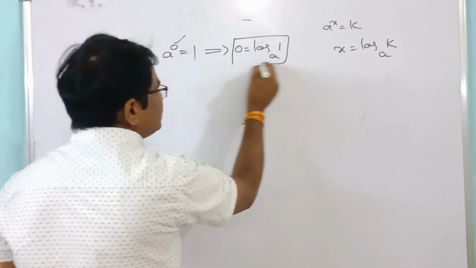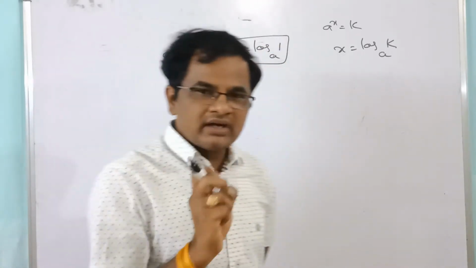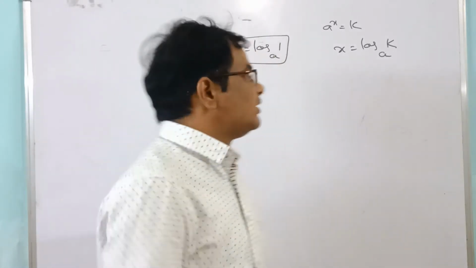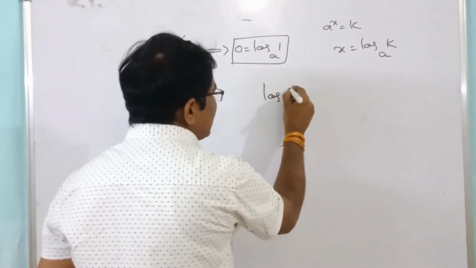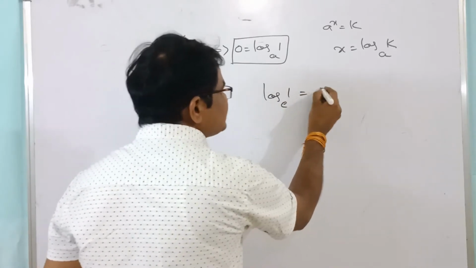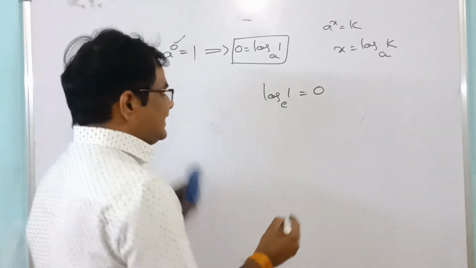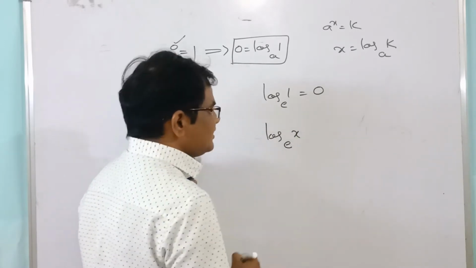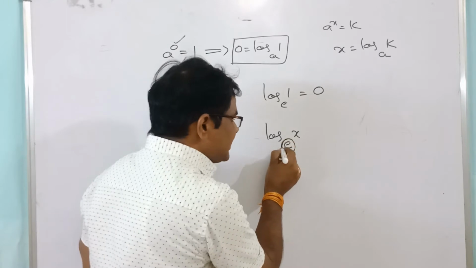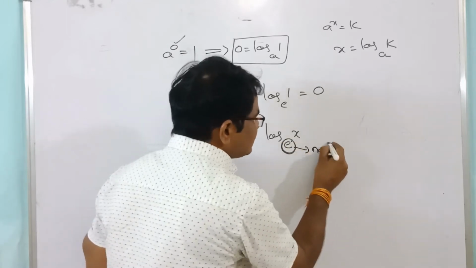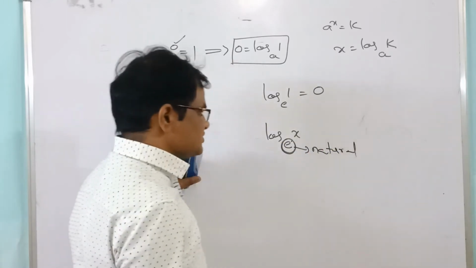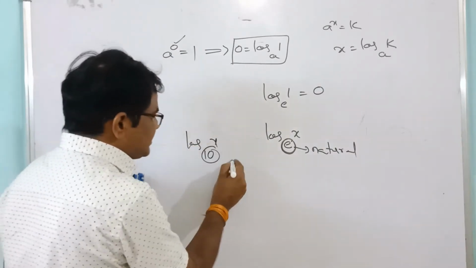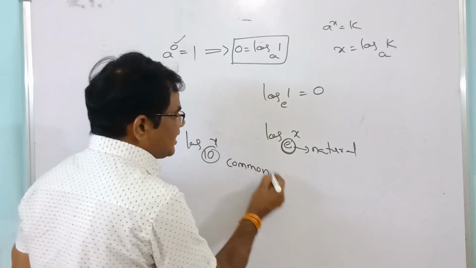This is an important one. Means log 1 to any base is equal to what? 0. Suppose like this is there. Log 1 to the base e is also 0. Generally, see here, log of x to the base e means the base e is there, this is natural logarithms, and log x to the base 10 is there, means this is common logarithms.